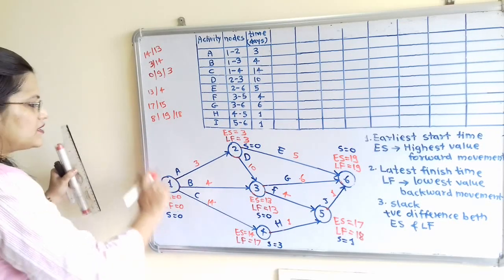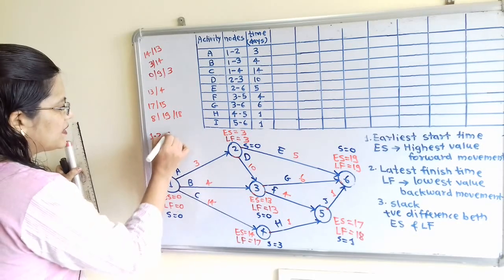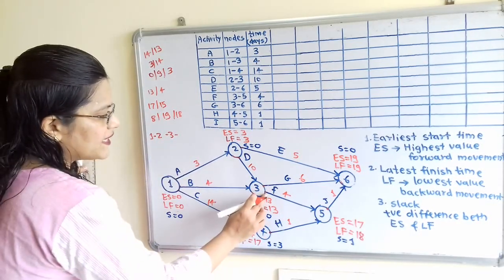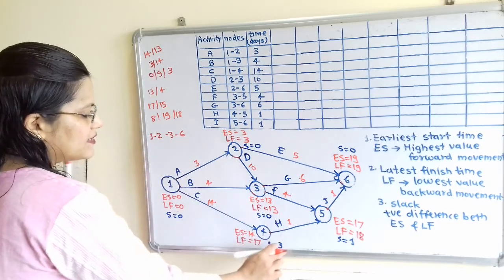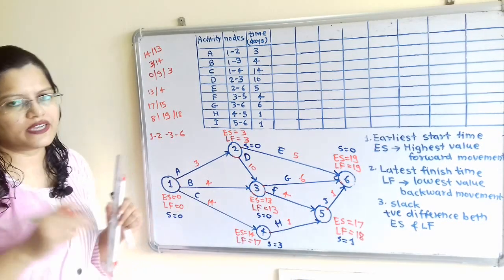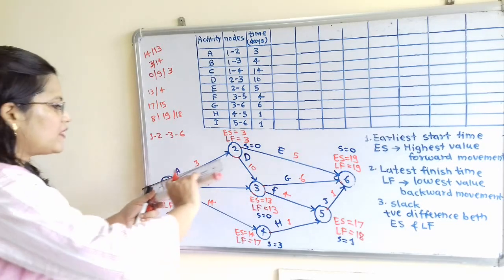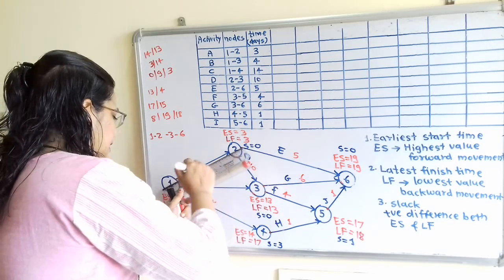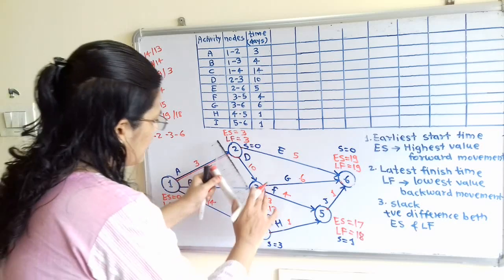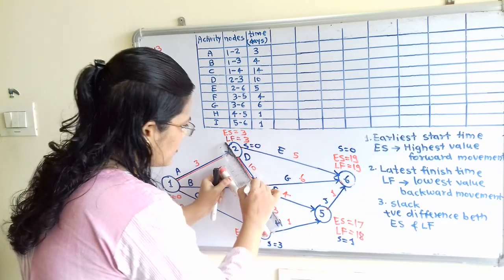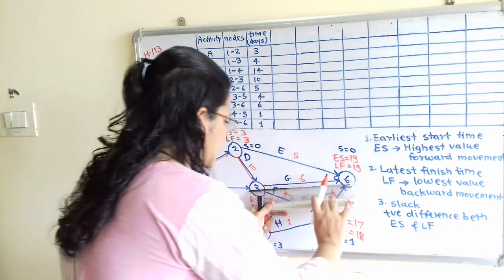First is 1, then 2, then 3, and then from 3 it is directly node number 6, because nodes 4 and 5 have the values 3 and 1. Now we have to join all these nodes. I will join with the help of the red marker. So this path I will join: 1 to 2, then 2 to 3, and then directly 6.